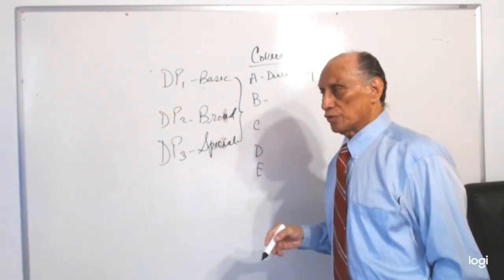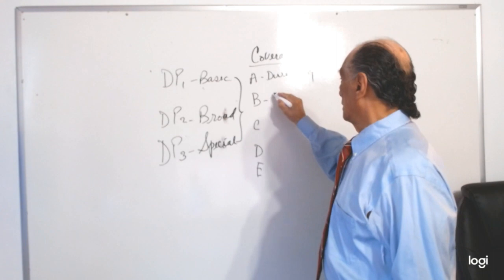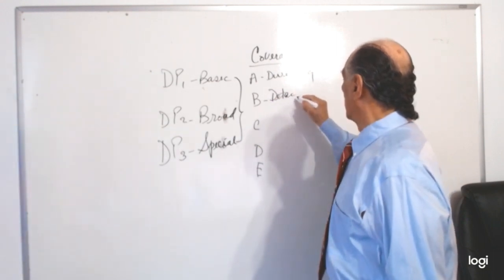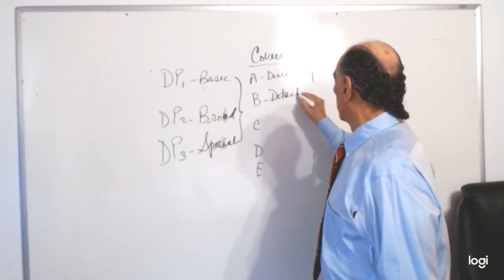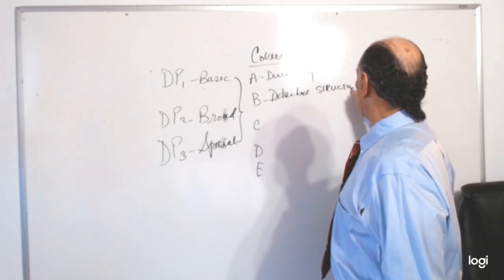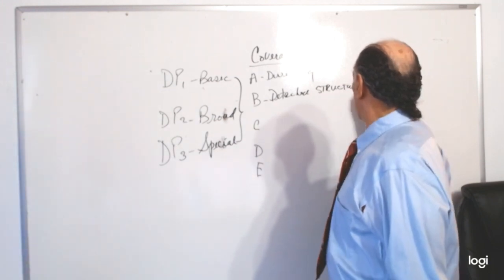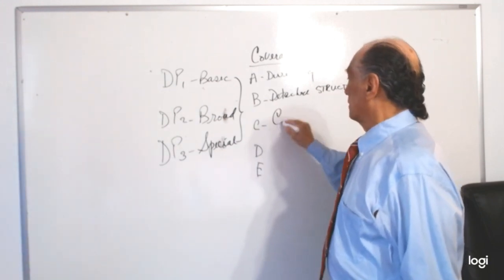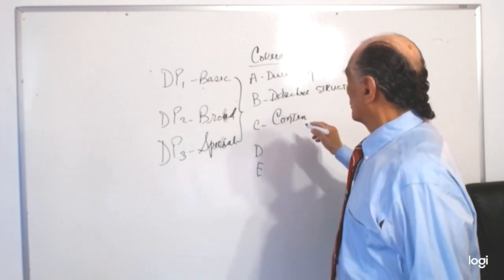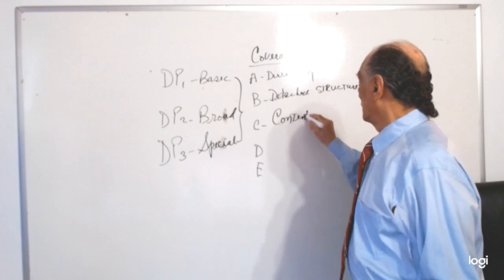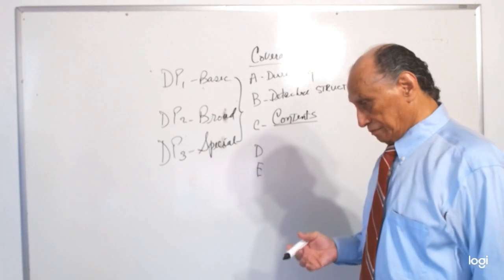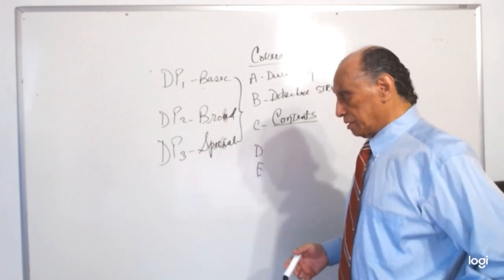Other structures or detached structures. Contents, anything that moves around in your house, it's called contents, and they are insured in bulk.